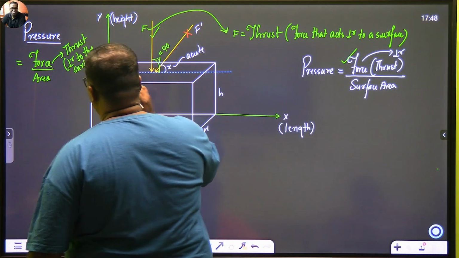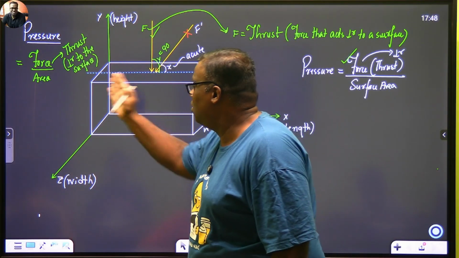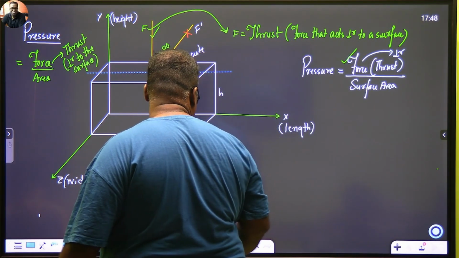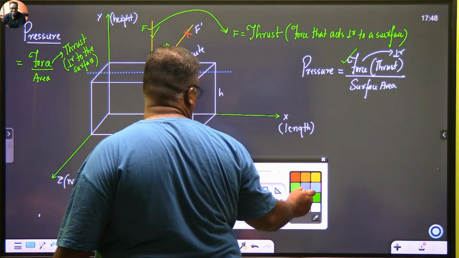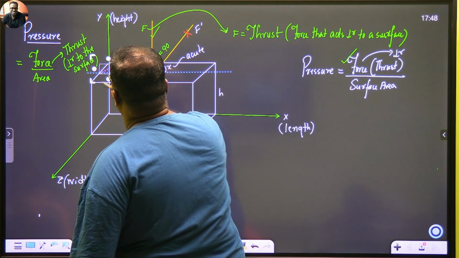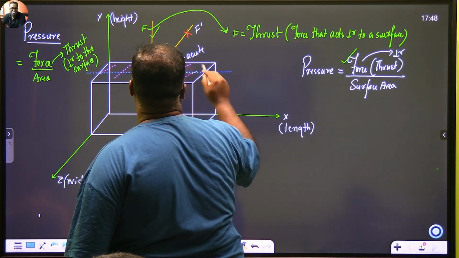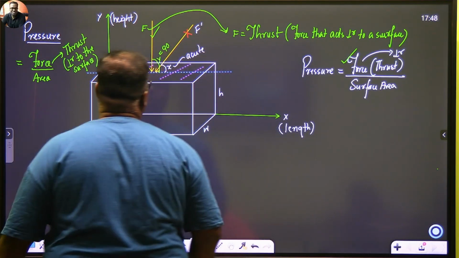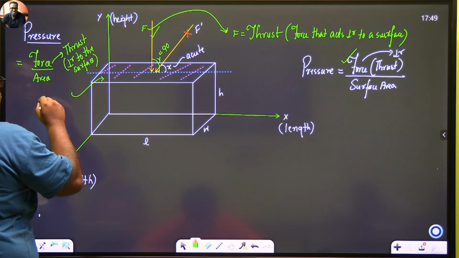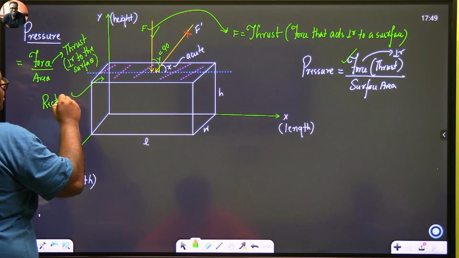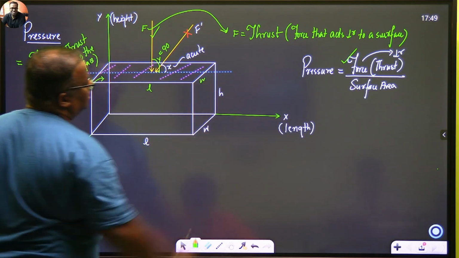So computing the area for this surface would be the length L multiplied by the width W. What I'm trying to show here with those lines is that I am worried about the surface area of only the top surface, and the top surface resembles the shape of a rectangle, and we know that the area of a rectangle is length times breadth.